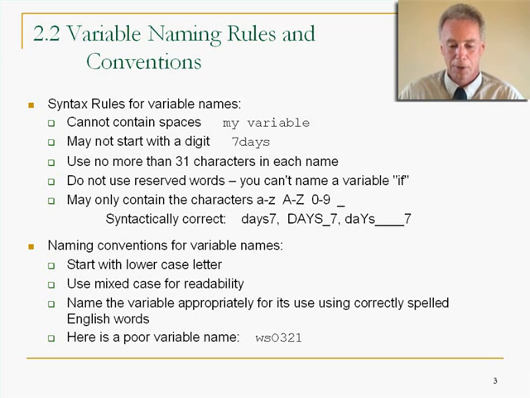And can't you tell it's the water supply in Orlando on March 21st? Well, of course you can't. So we want to write programs that other people can read and understand what the data means, what the computing with the data, and we'll use correctly spelled English words for the variable names as the first way of making the programs more readable.